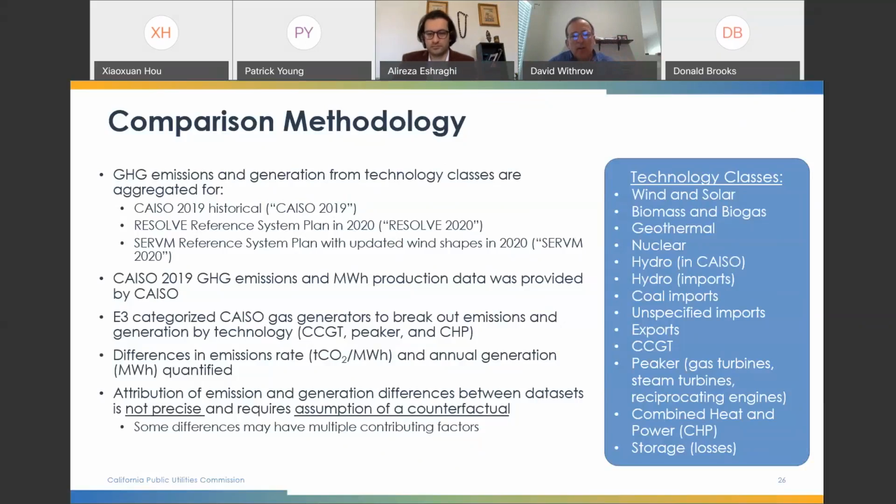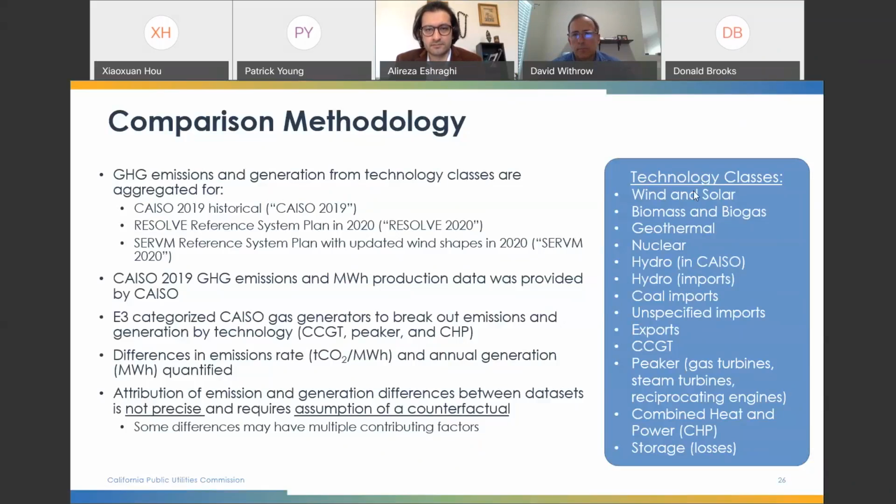E3 categorized, as apples to apples as we could, all the different technology classes in the Resolve, SERVM, and CAISO data sets into the ones you see on the right. There should be no surprises here: combined cycles, peakers, coal, hydro, nuclear, etc. We quantified the megawatt hours that each of those classes generated, and also the emission rate, the ton CO2 per megawatt hour of those generators.